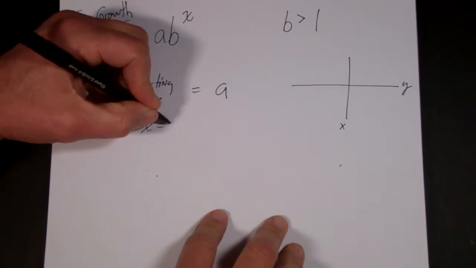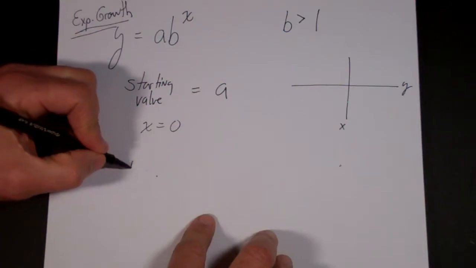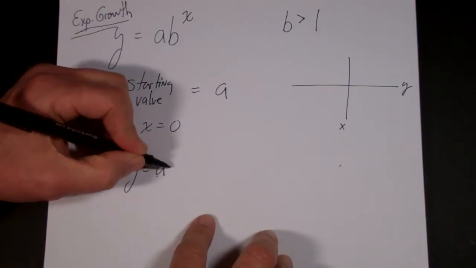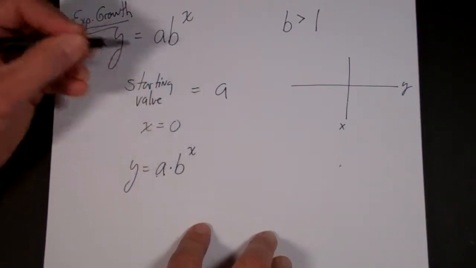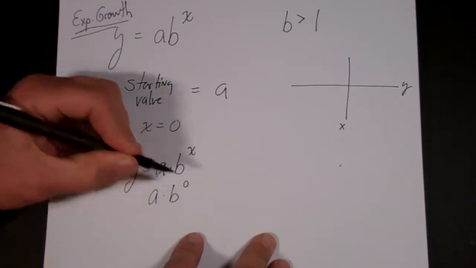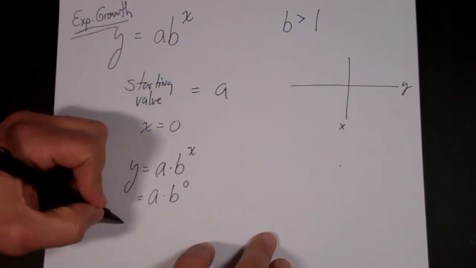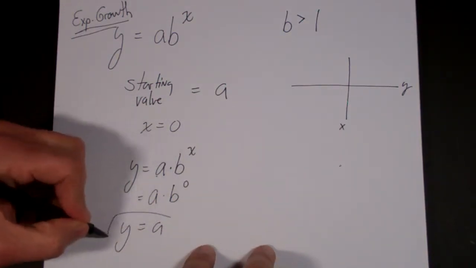So when x is equal to 0, the way you find y is you simply plug it in. y is equal to a times b to the x, plug in x equals 0, a times b to the 0, b to the 0 is just 1, so y is equal to a times 1, or y is equal to a.